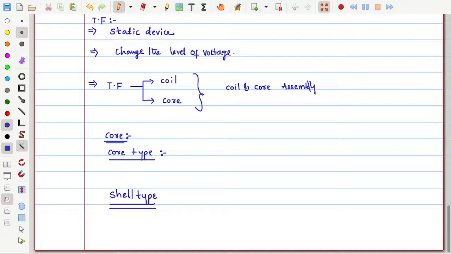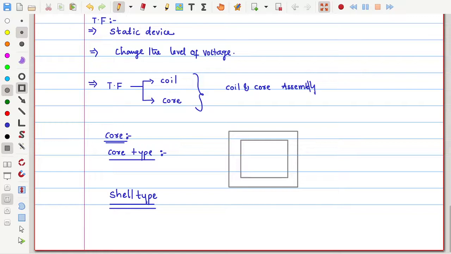For a core type transformer, first you take some structure just like a rectangle in shape. This is some iron or any magnetic material which is cut into a rectangle shape.